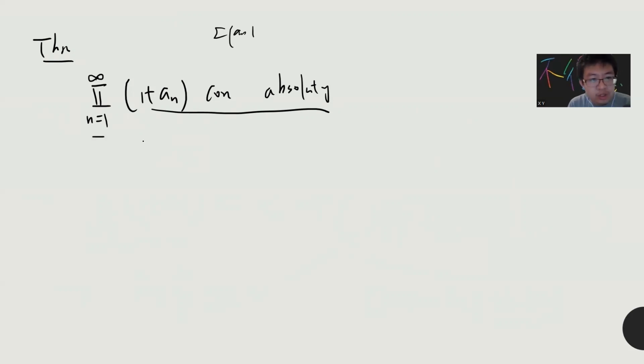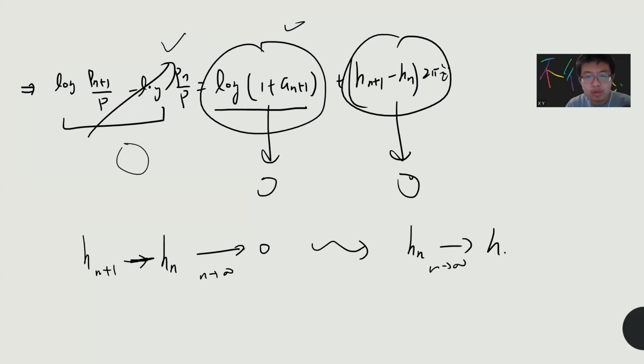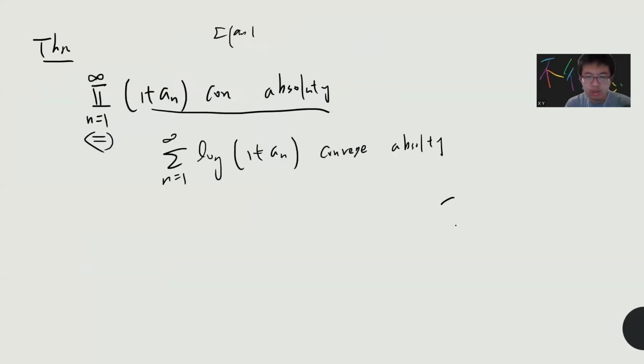But there's a more common way you can try to prove it: the product converges absolutely if and only if the sum of log(1 + a_n) converges absolutely. The proof uses the same technique as before, so let me skip it. You can try to prove it by yourself.